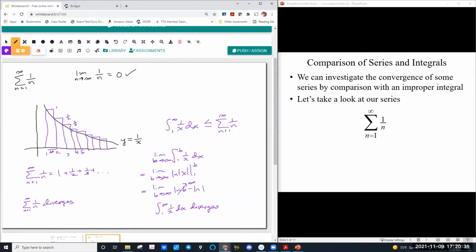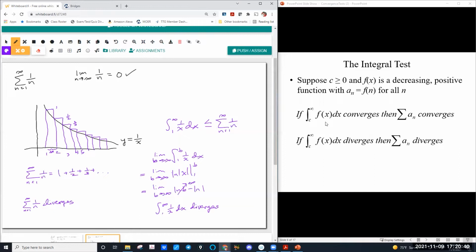Now, we don't want to have to set this up for every single one, but we can formalize this into one of our tests, and that is called the integral test, which is basically what we just did. You turn this into a function, you turn this sigma into an integral sign. This lower limit becomes the lower limit of your improper integral. Infinity is your upper limit. You calculate it. This is called the integral test.